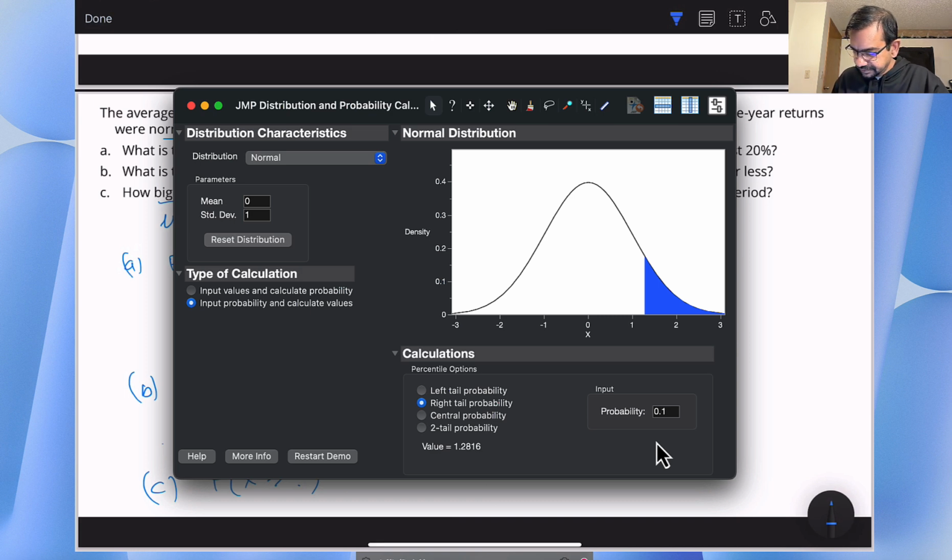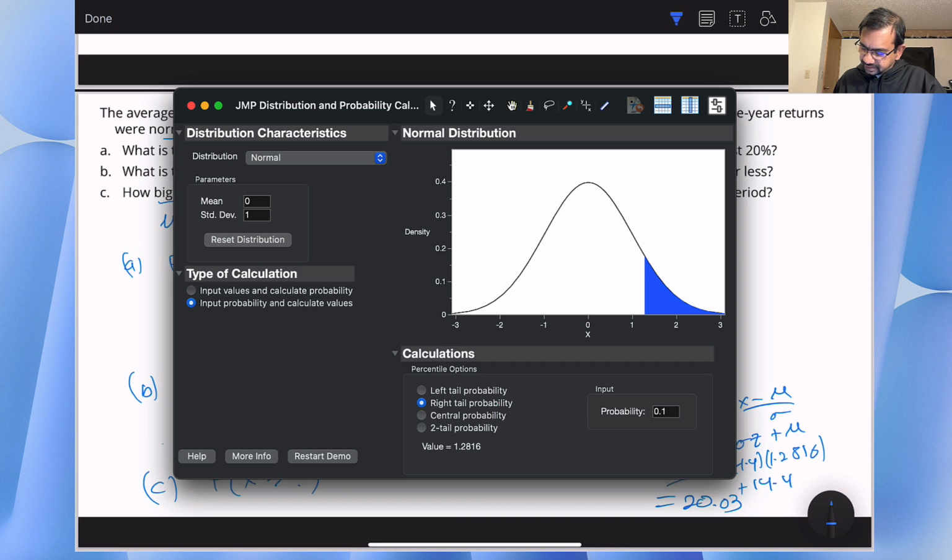If this is the Z score, we can now recover the X value from it. We know that Z is X minus mu divided by standard deviation. So X is standard deviation times the Z score plus mu. So it is 4.4 times 1.2816 plus 14.4, and putting it in the calculator, we get 20.03.